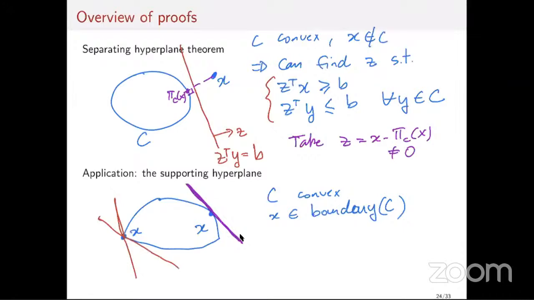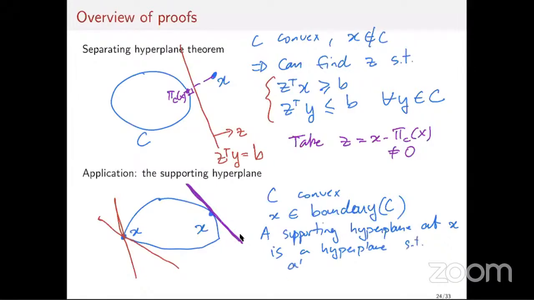More formally, a supporting hyperplane at X is a hyperplane defined by a certain vector A such that A transpose X is equal to B, and A transpose Y is less than B for all Y in C. So it's a hyperplane that goes through X, and the convex set is all on one side of the hyperplane.